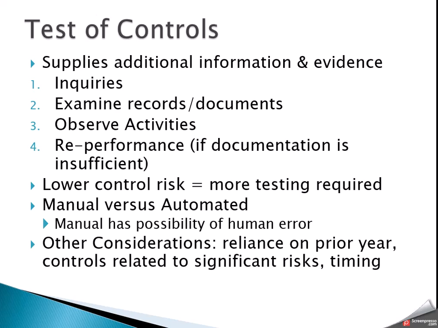Inquiries of the client personnel, and examine the records and the documents that are in that process. Again, tracing stuff through to say, here's a customer order, and then here it's approved for credit, and then here maybe it traces out to the shipping documents and then into the invoice. So you can trace it through.